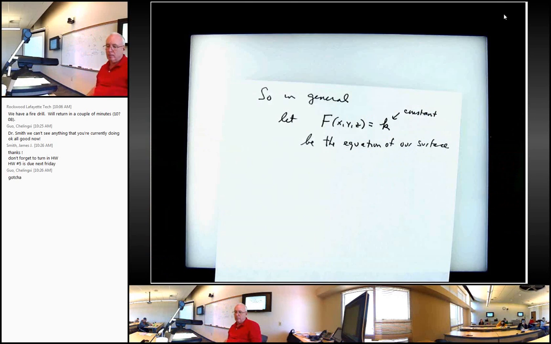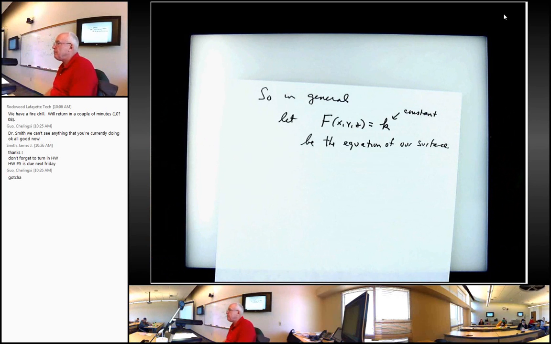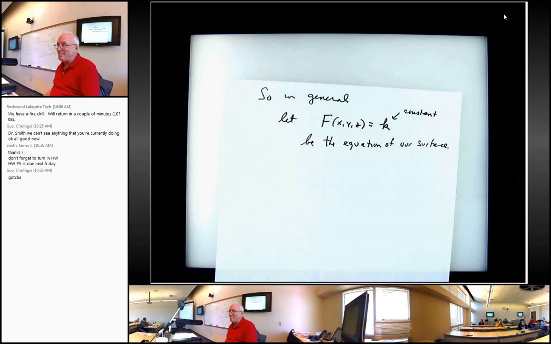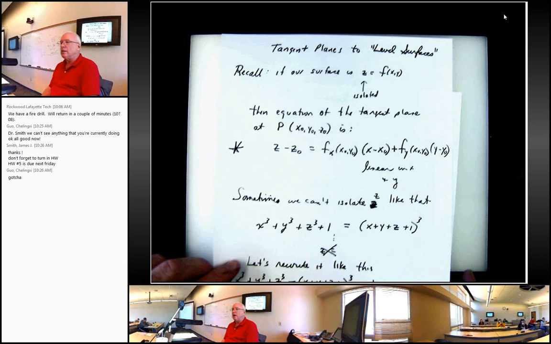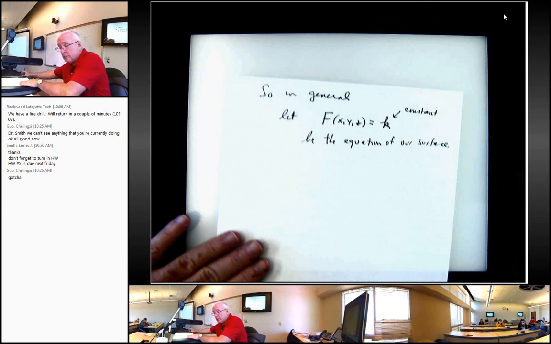What we're then going to get from this is we're going to derive the equation of the tangent plane to this surface. This is actually a very elegant kind of, elegant is another mathematical term that you hear where things work out very prettily, nicely, okay? But it's not going to look like the one equation of the tangent plane that we had before. It's going to have a different look to it.